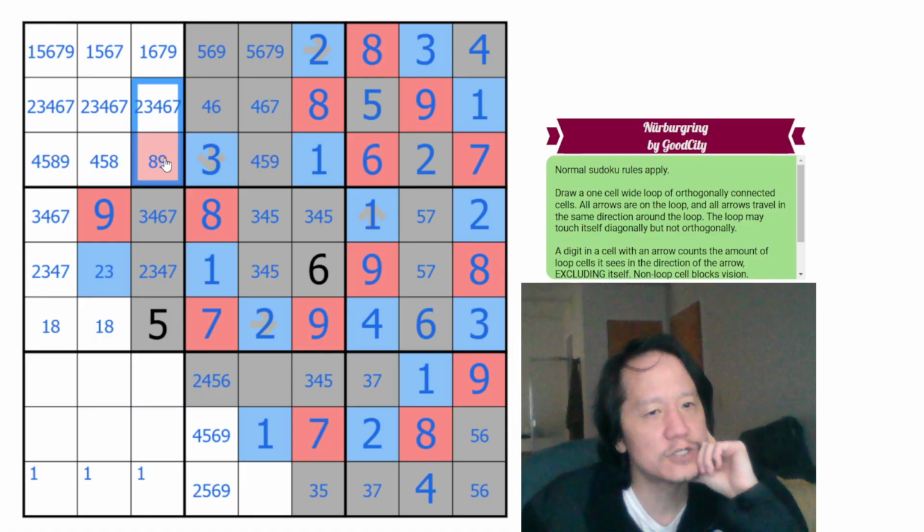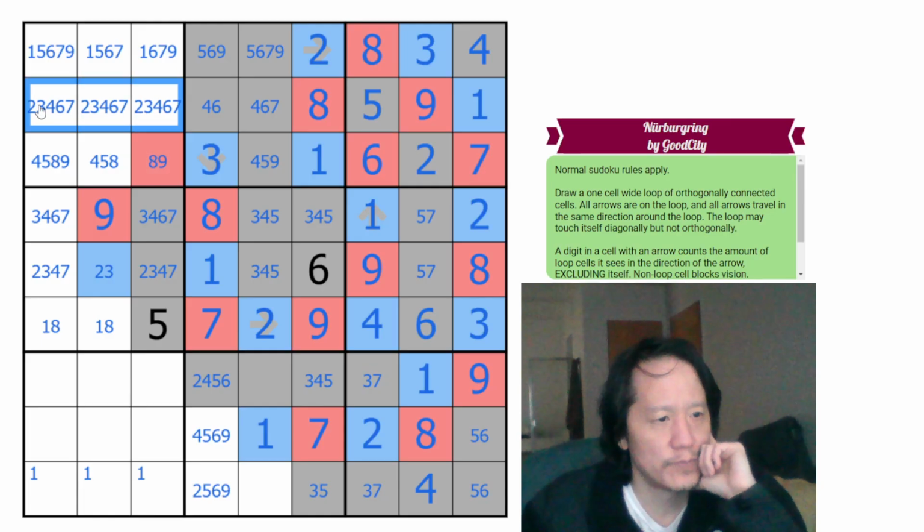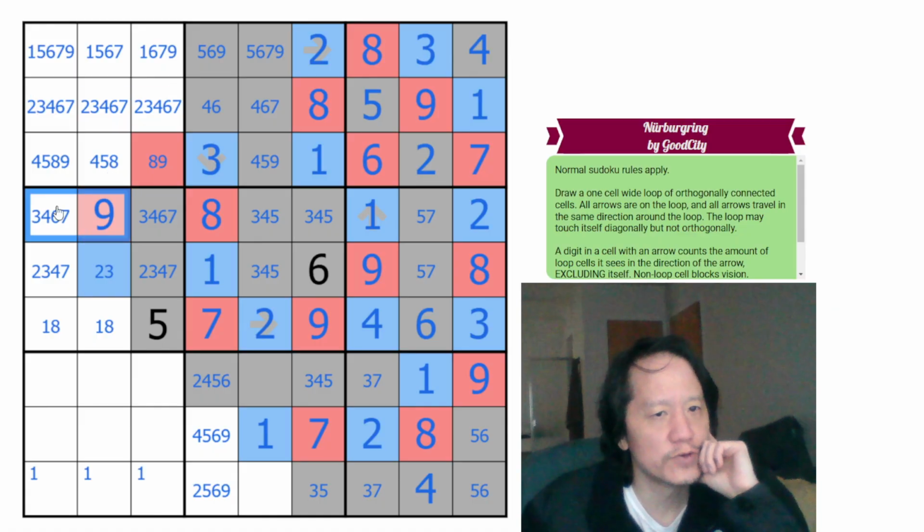But okay, what else could it be? It can't be all 3 here. It cannot touch itself, so it can't go back down here and then go here. So if it goes around, it can't go this way.